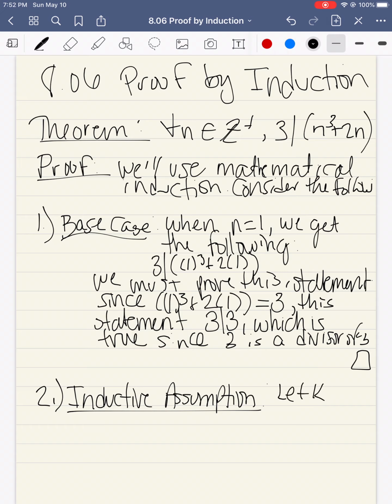So let k be an element of the positive integers be given. This basically just says we're going to introduce another variable, and you'll see why in a moment. So we're going to just let k be given. So that's the second step.